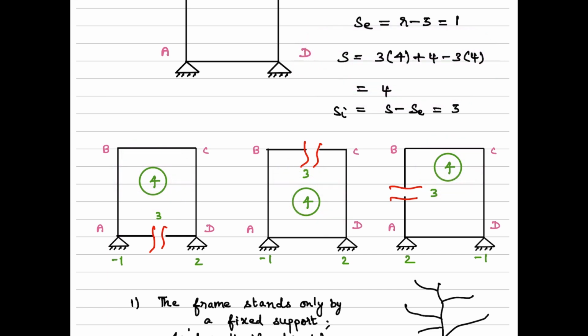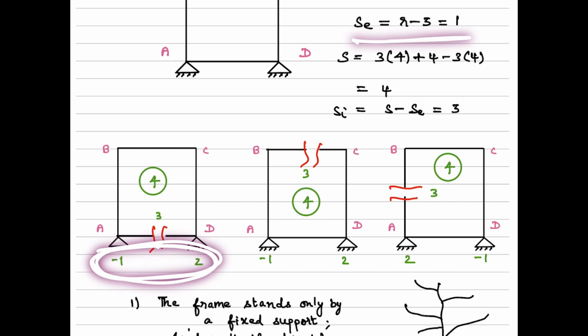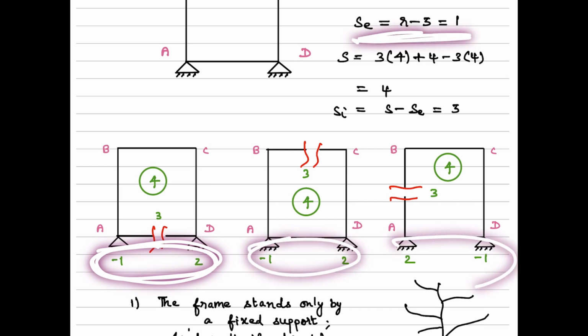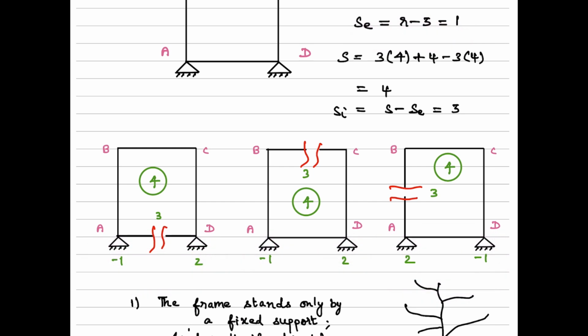If I want to further categorize this as external and internal, I need to carefully observe how many external components add up. I mean to say, if I just add the numbers pertaining to the supports, that will give you a value of external indeterminacy. In this case we can see that 2 minus 1 will give you a value of 1, which tells about external indeterminacy.